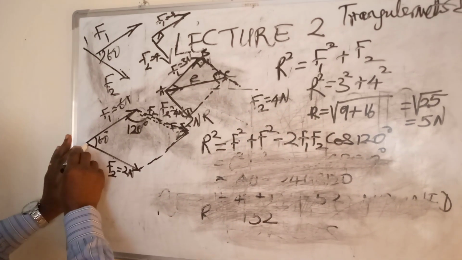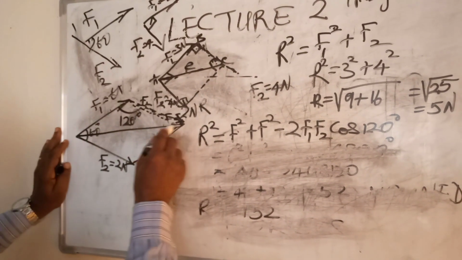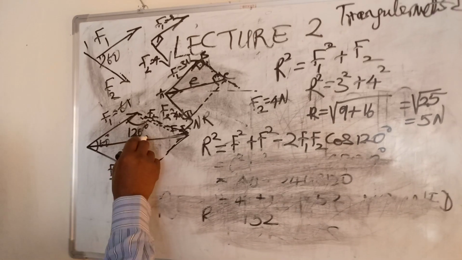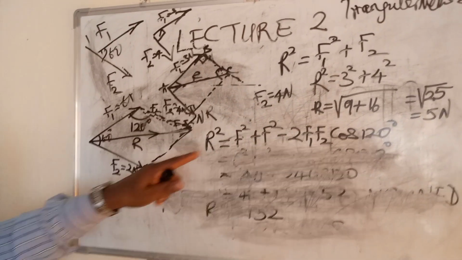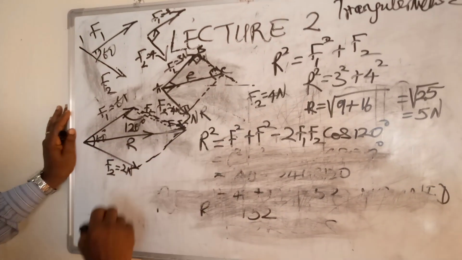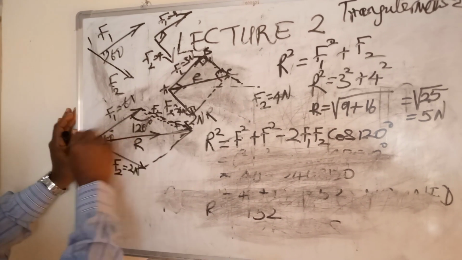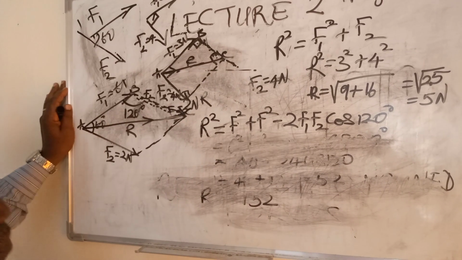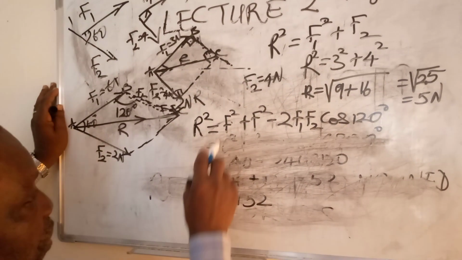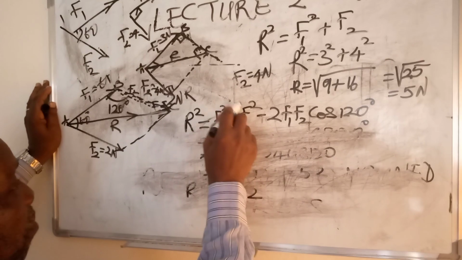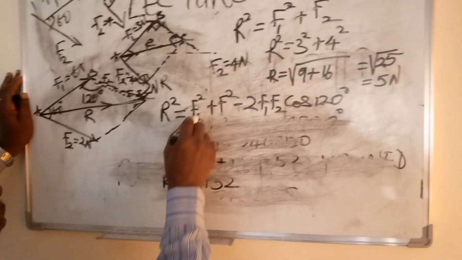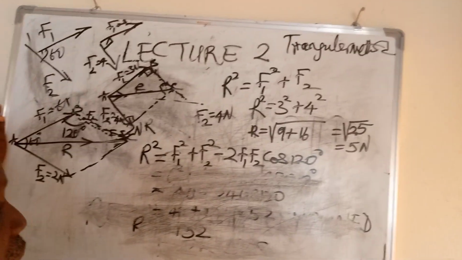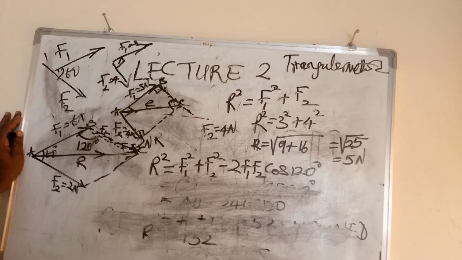So we now look at this resultant. The hypotenuse is the resultant, R, and in this triangle ABC, by cosine rule, R squared is equal to F1 squared plus F2 squared minus 2F1F2 cos the angle between them, which is 120.